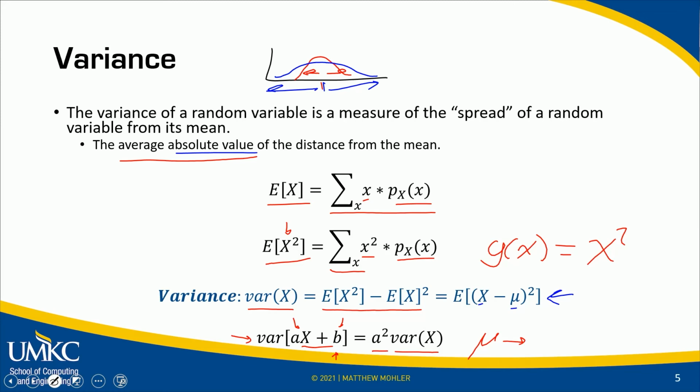Now, because the variance is a square of x, every multiplier, every scale factor against x, this a in the ax plus b, will be squared when you pull it out of the variance. So again, we can say that the variance of ax plus b is equal to a squared times the variance of x.